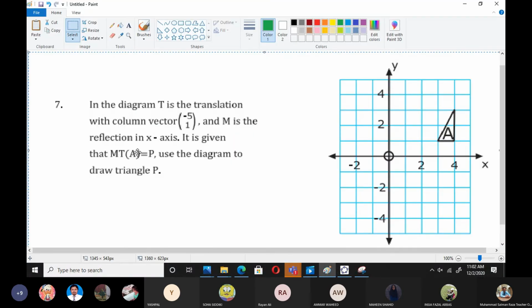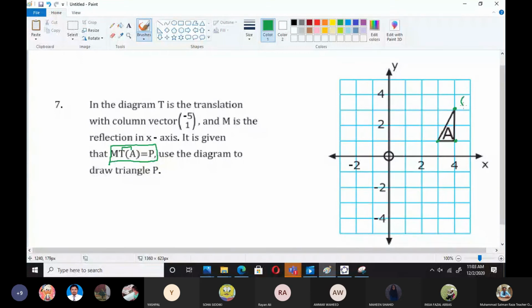The very first thing in this question is this part. I am going to find out the translation of A first. What does it say, translation of A? So where is the translation of A? I am going to find the translation of A in the same way: 1 point, 2 point, 3 point, and take their coordinates over here.